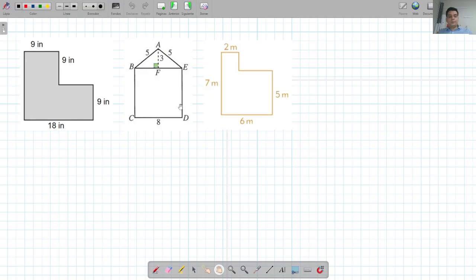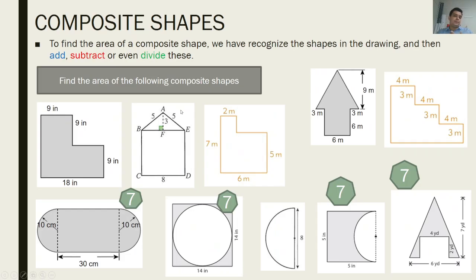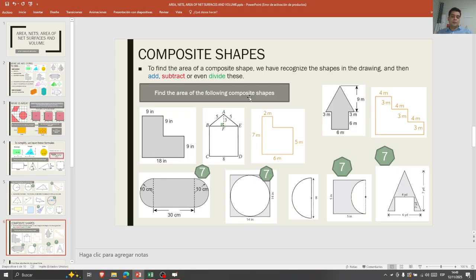We are going to find the area, and here I forgot to mention, we're also going to try to find the perimeter if it's possible, alright?